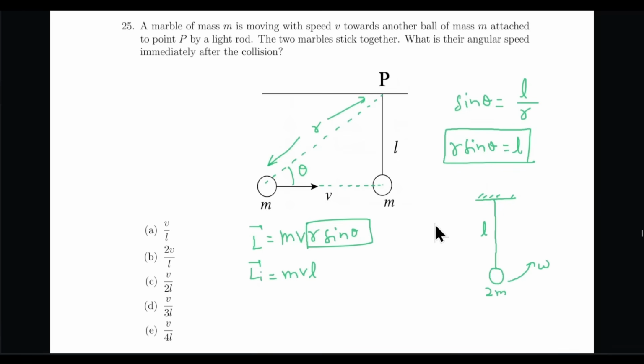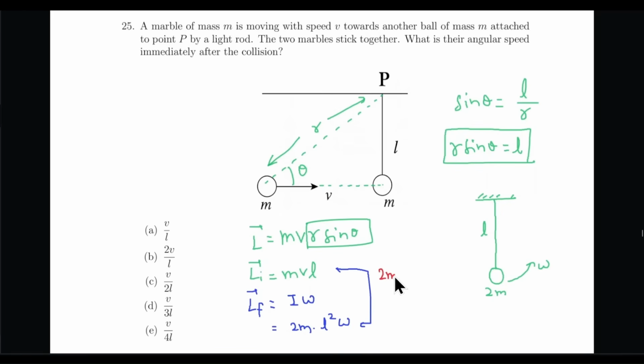It would be fair to use I omega as the formula now for the final angular momentum, where I is mr square and r is L, because we are not given any radius, so we are just going to assume these are point masses, times omega. And these two should be equal because the angular momentum is conserved.